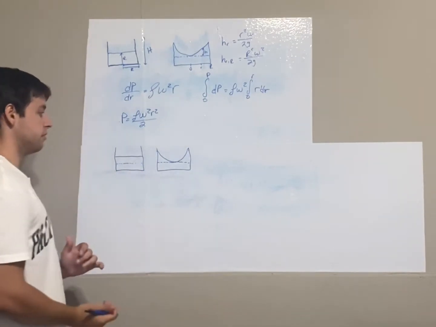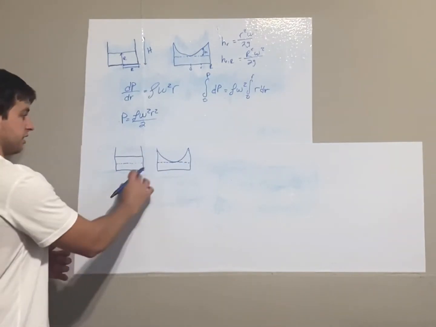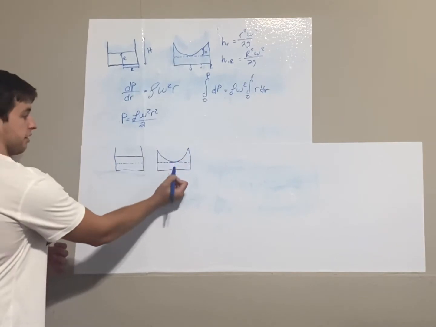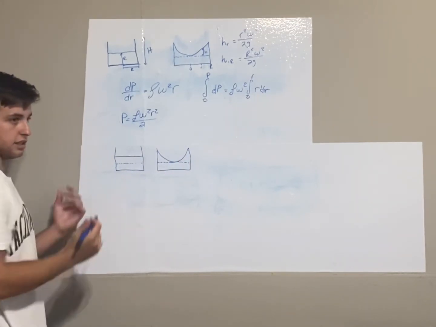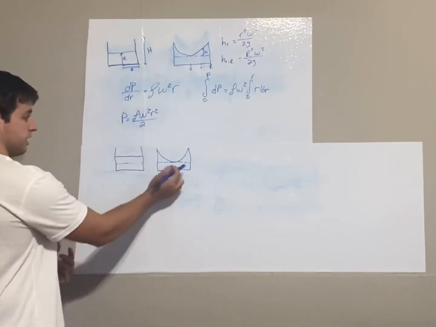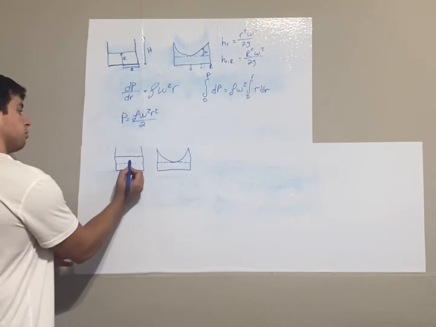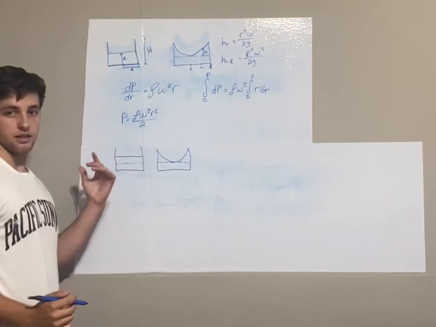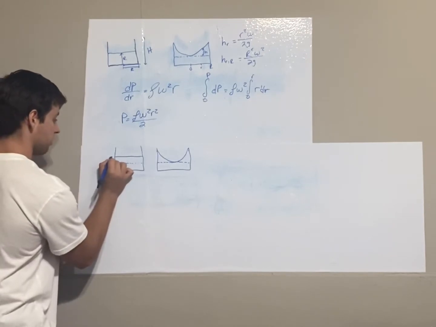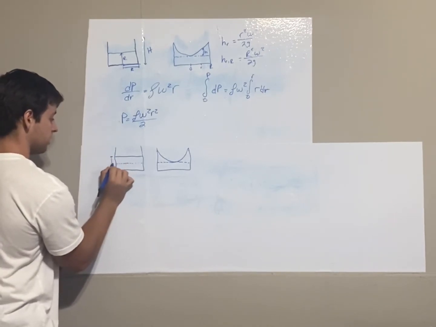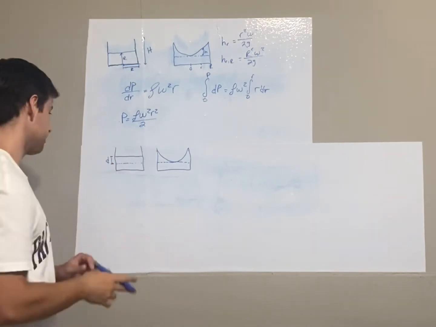So what you can see from here is that since no liquid has been lost or gained in either of these systems, the area under the dashed line here will be equal to the area under the dashed line in this cylinder, and therefore the area under the parabolic shape and above the dashed line will be equal to the area above the dashed line in this cylinder and underneath the solid line. So I'm going to call the distance from the dashed line to the solid line d here.